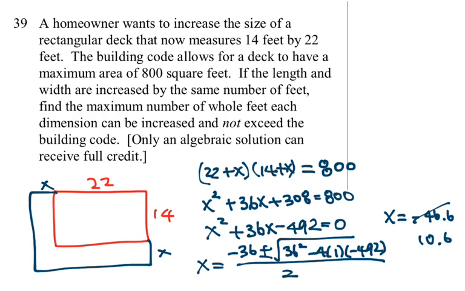And negative values, we will not be accepting in the physical dimension here. We can discard negative 46. On the other hand, the second one is equal to 10.6. Once I have done that, my maximum whole feet would have been equal to 10. So 10 would have been our final answer.